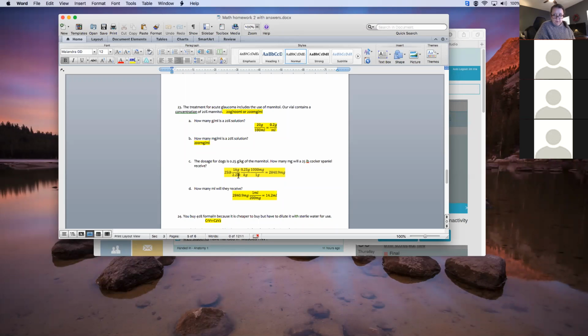I would first of all convert that to milligrams. So 2.85 grams times 1,000 is 2,850, and now that says 2,840.9 milligrams. We've already figured out that the drug is 200 mgs per mil. Divide that by 200, and your patient's going to need 14.2 mils of mannitol.